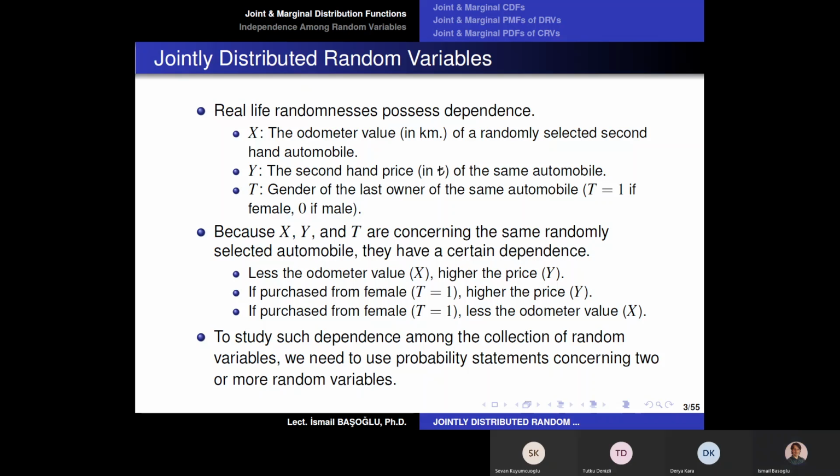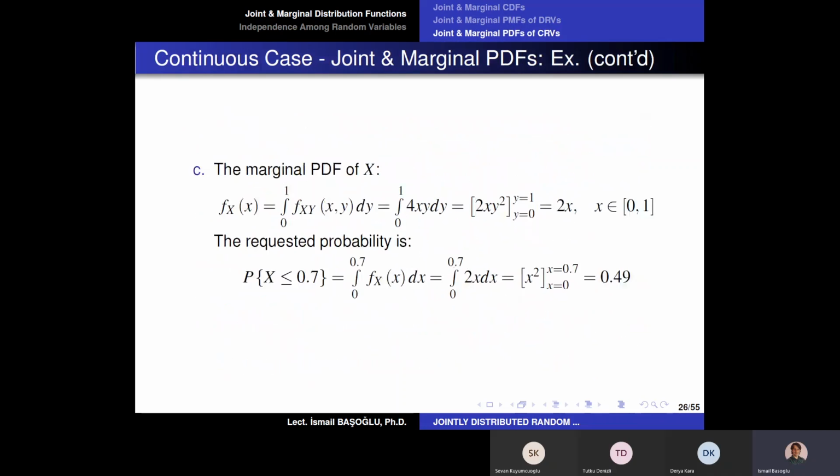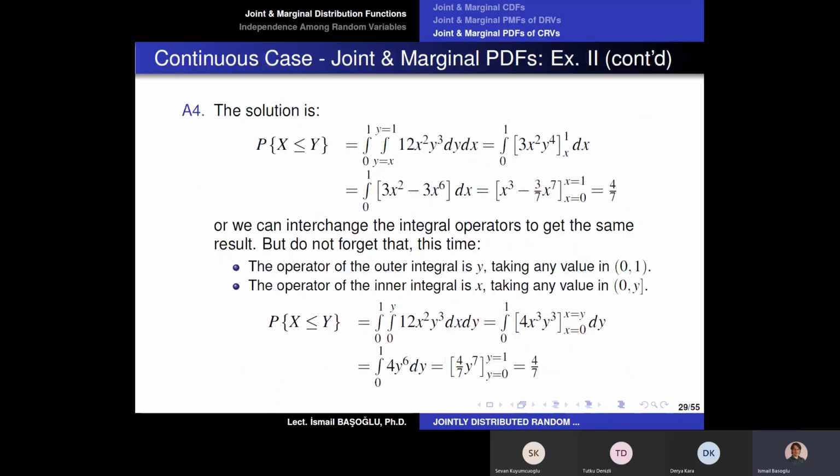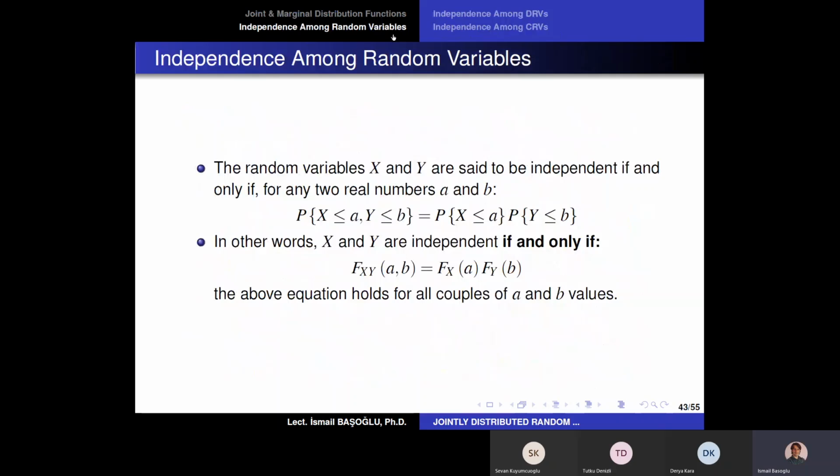So actually, because of that reason, we need to understand if two random variables are dependent or independent. Now, if two random variables are dependent, this is actually a good thing, because the knowledge on one of the random variables can increase the prediction accuracy on the other one, okay?